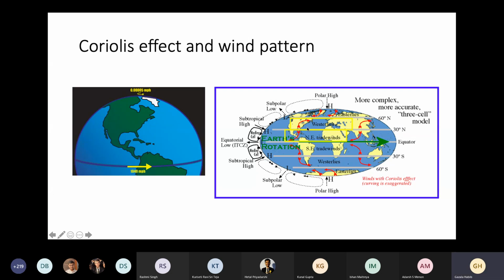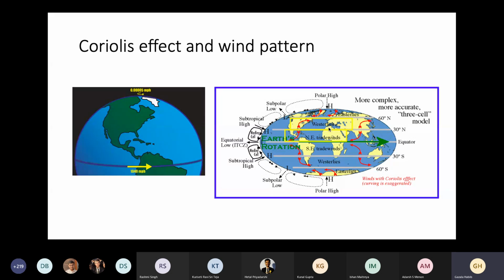Okay. But see here, you also see the arrow from 30° north towards 60° north in the opposite direction. The pressure at 30° north will be lower than at 60° north, right? Is that clear? However, you can see the wind direction is shown from 30 to 60.